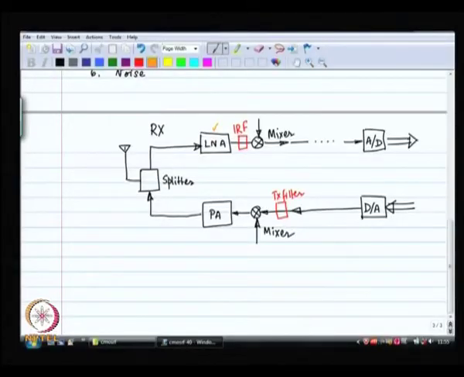The next block I have shown in red, I have shown IRF, standing for image reject filter. So, this image reject filter, we did not really go into filter design and so on and so forth, but the image reject filter could possibly be made up of a passive network, capacitors, inductors, resistors and so on.